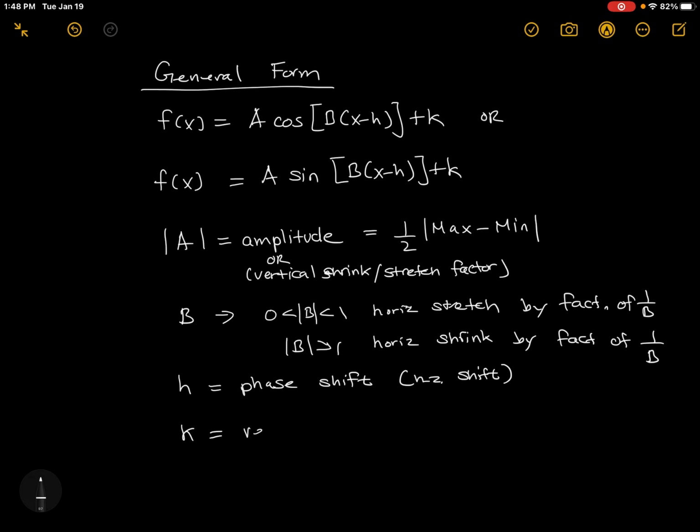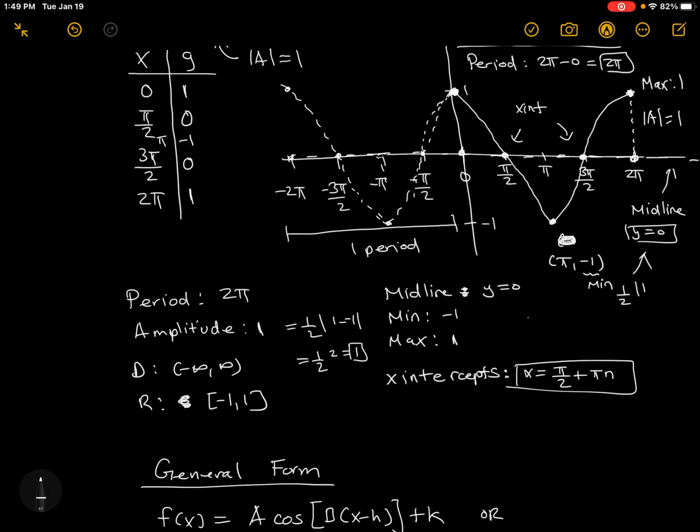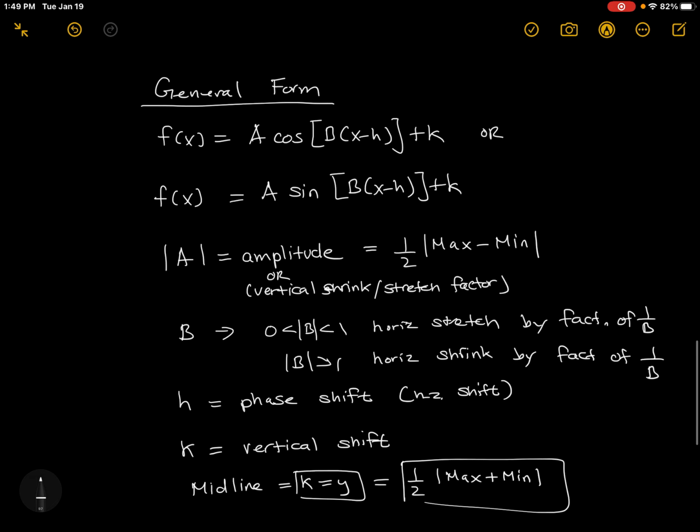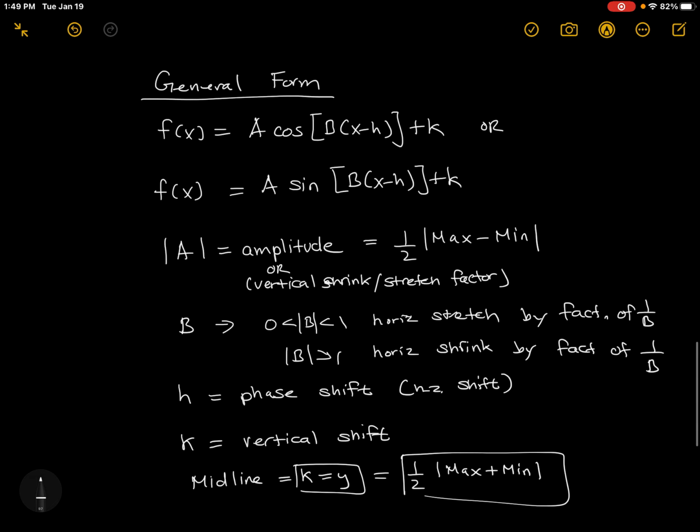Of course, the midline is y is equal to 0. You could also use this equation: 1/2 of 1 plus -1, and you're going to get 1/2 of 0, which is just 0. So that's the equation, 1/2 max plus min. That will give you your midline.